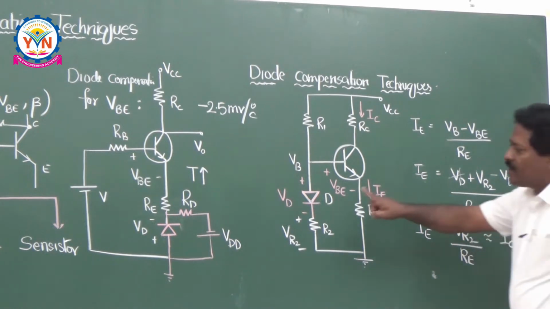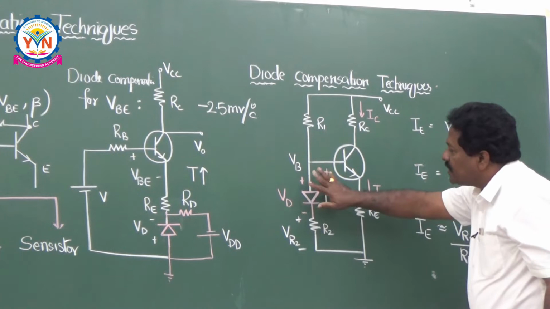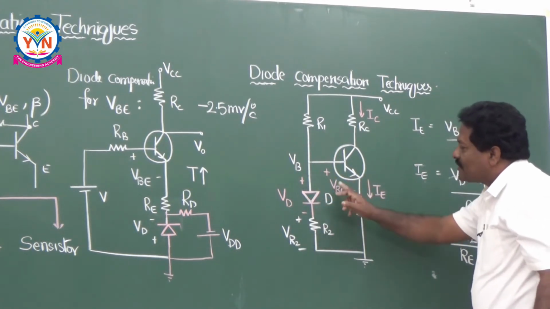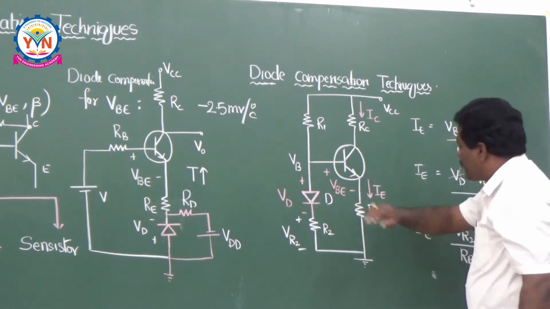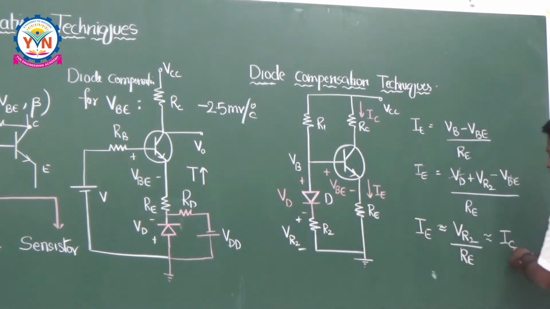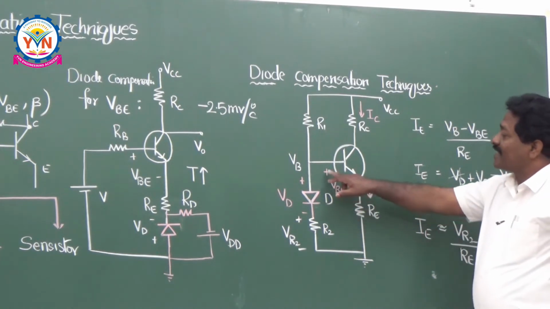The change in the diode voltage is actually compensating the change in the transistor voltage. So these two changes are in opposite direction. That's why IC is independent of VBE and VD. Only IC depends on VR2. So in this way you are compensating the VBE with respect to temperature.